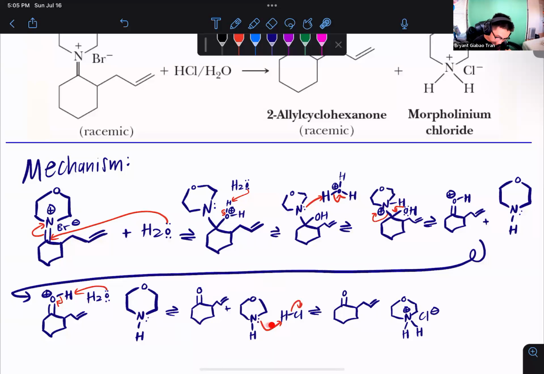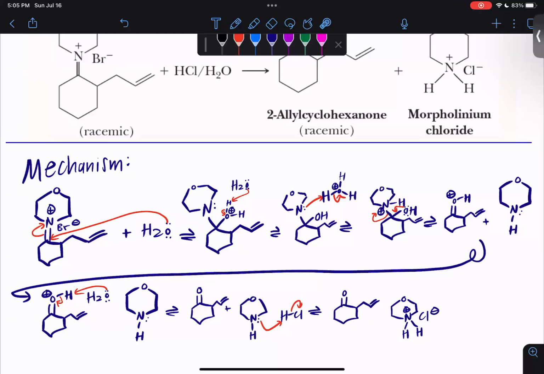What if, so usually when we do HCl over water, we do H3O plus. Would it instantly go to the third step?